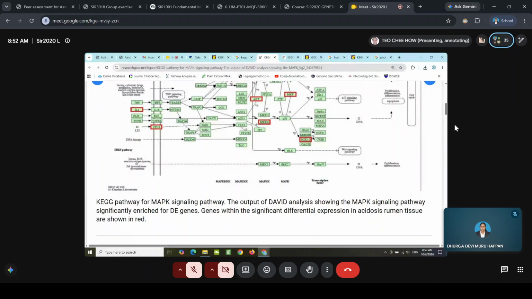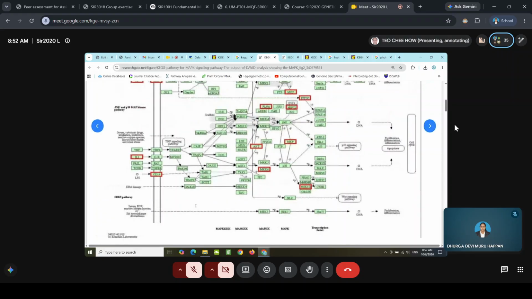So here you see that the MAPK signaling pathway is significantly enriched for DE genes, which means that DE genes are involved in regulating the MAPK signaling pathway. Genes with significant differential expression in the tissue are shown in red.